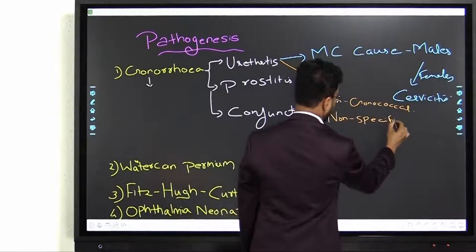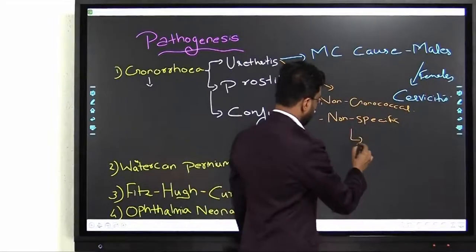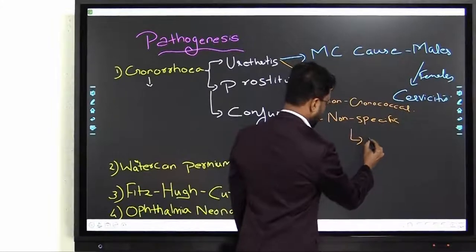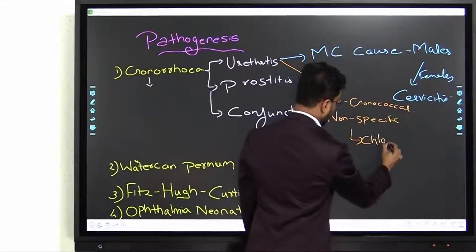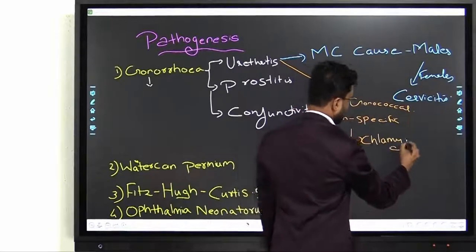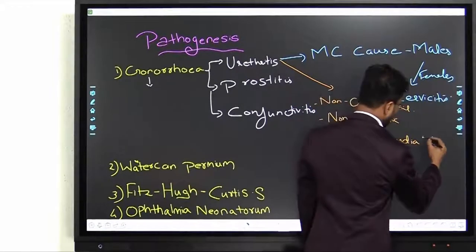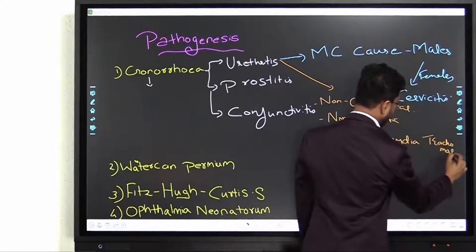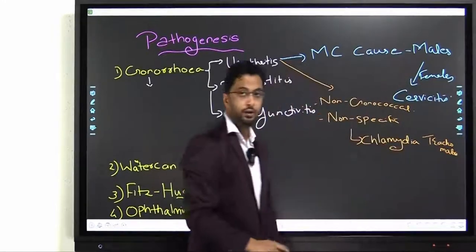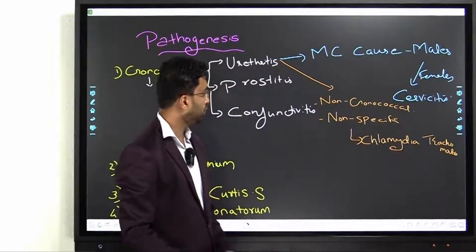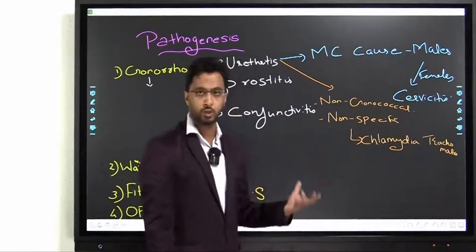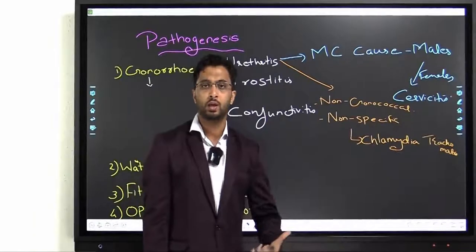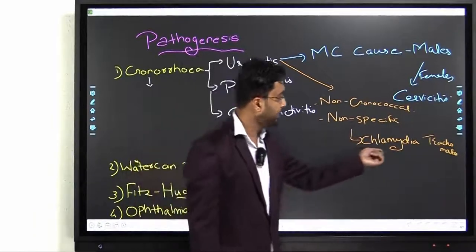From an MCQ perspective, the most common non-gonococcal, non-specific urethritis is caused by Chlamydia trachomatis.